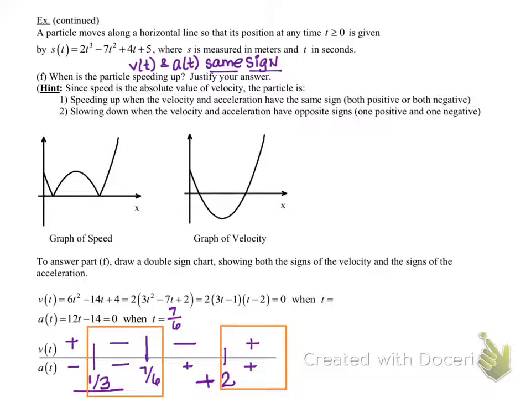When t is between 1/3 and 7/6, the particle is speeding up to the left. When t is bigger than 2, your particle is speeding up to the right.